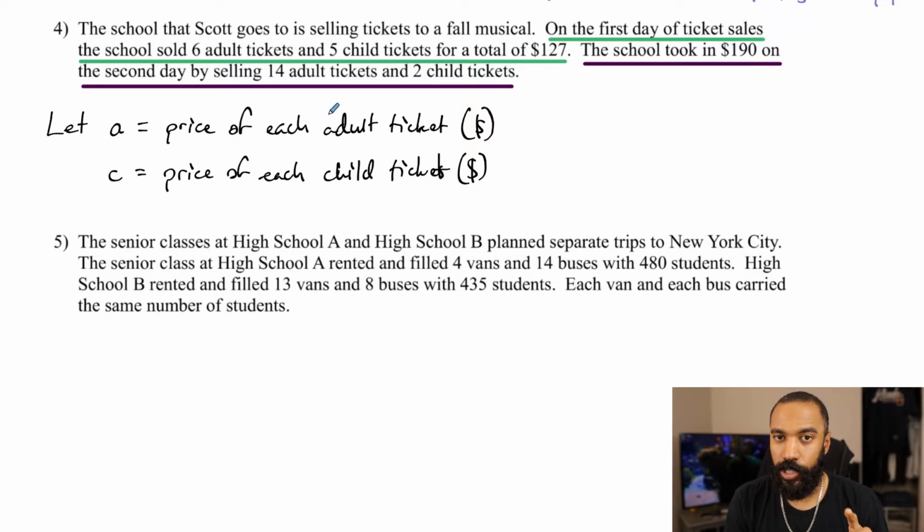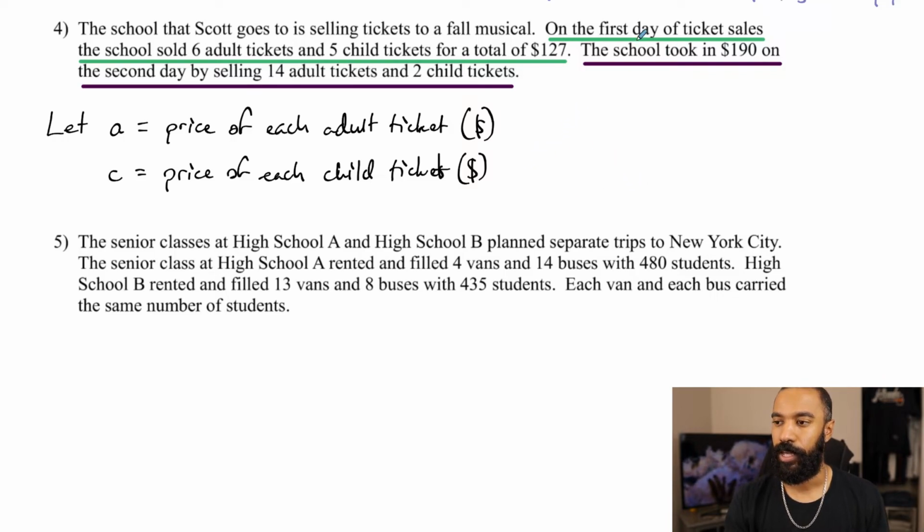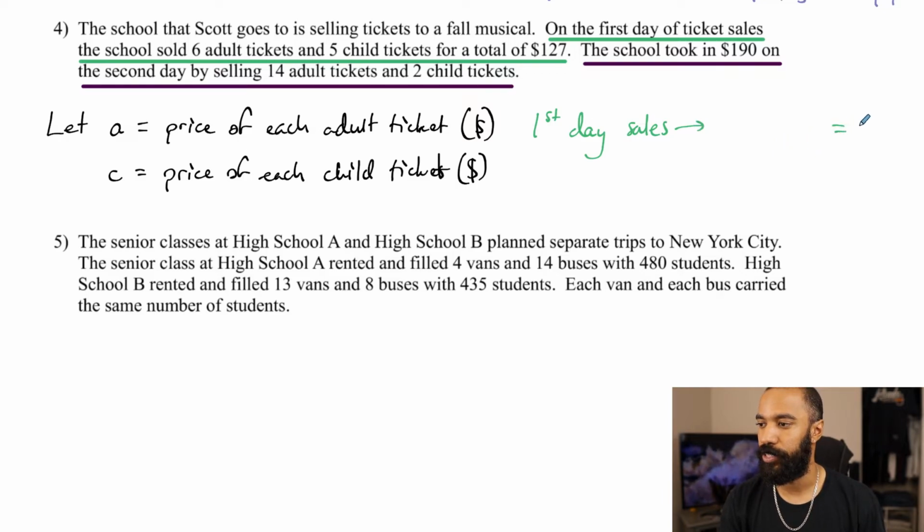The two equations are represented by first day sales and second day sales. They're not an adult ticket equation and a child ticket equation. This situation is first day sales, and then the next one is second day sales. First day sales racked in a total of $127.